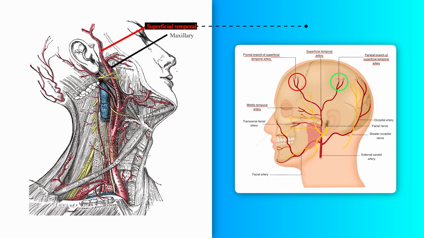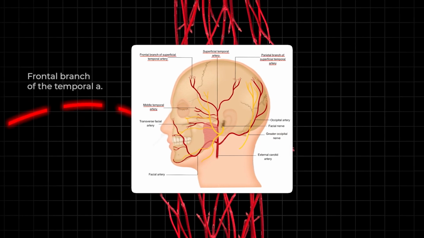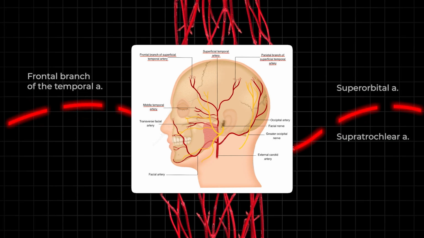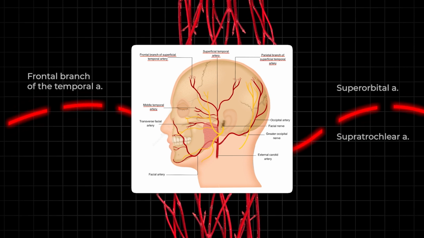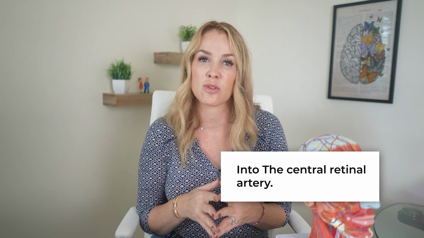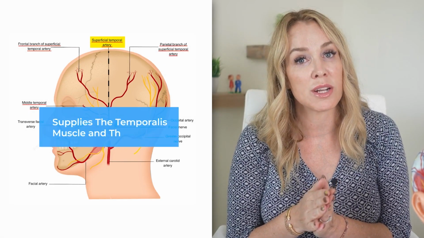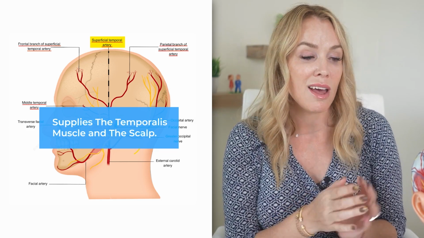They are located in the superficial temporal fossa. A branch of the temporal artery goes towards the supraorbital and supratrochlear artery and commonly anastomoses with these, which are part of the internal carotid system. And to reiterate, filler can backflow to the ophthalmic artery from here into the central retinal artery, which can cause permanent vision loss. The superficial temporal artery supplies the temporalis muscle and the scalp.